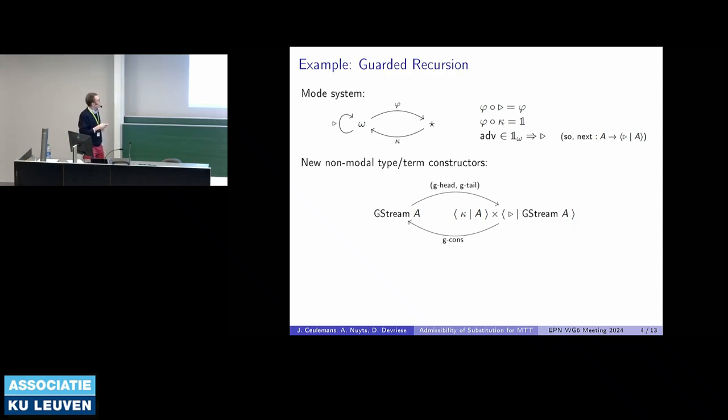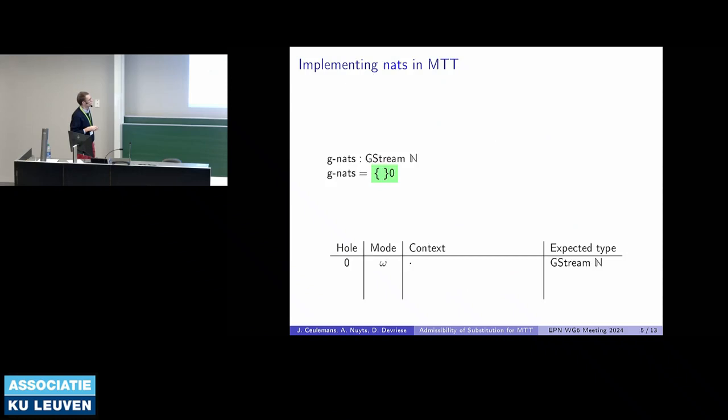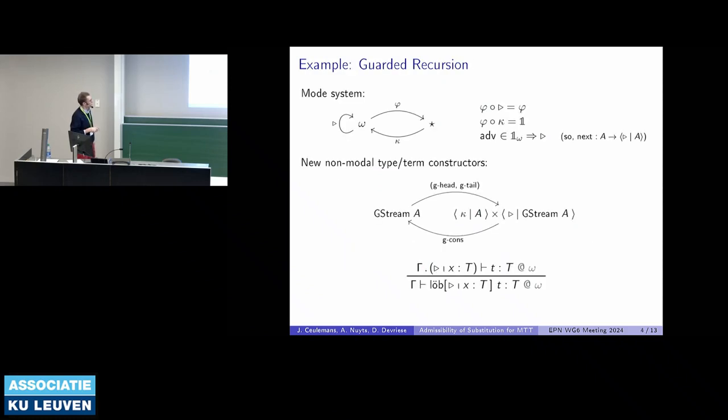Right. The last thing we need is loop recursion. As you can see here, every variable in MTT appears in the context under a certain modality. So here we have a context gamma that is extended with a variable x of type t, and that is bound under a later modality.